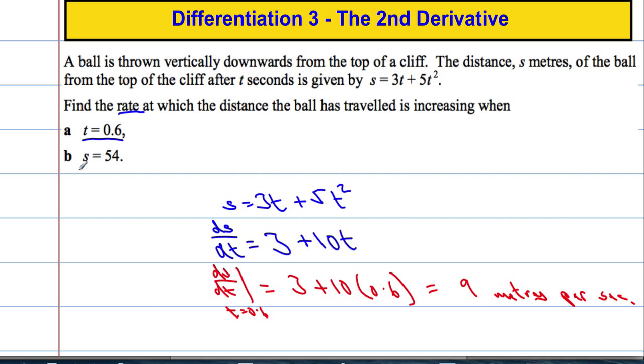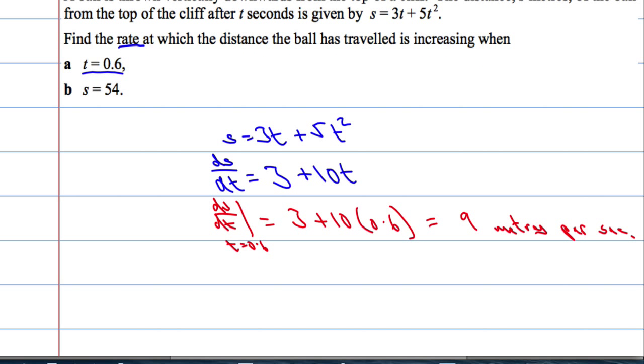Okay, what will the rate of change be, or what is its speed, in other words, when the ball has travelled 54 meters? So what I need to do is substitute the 54 into the original equation. So we get 54 equals 3t plus 5t squared.